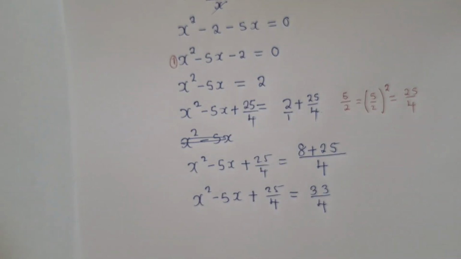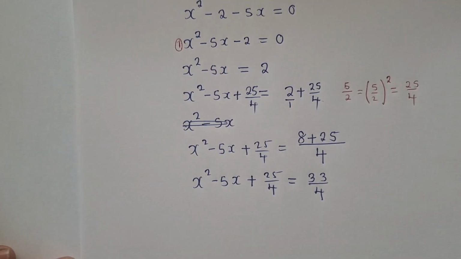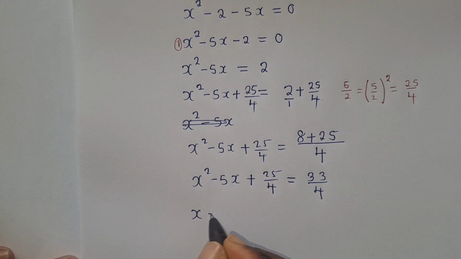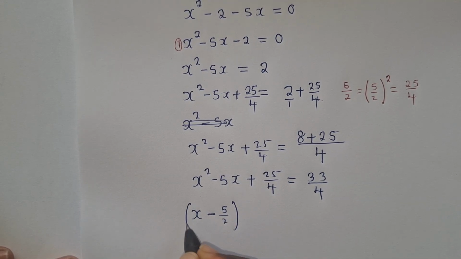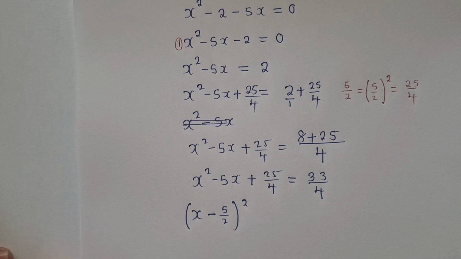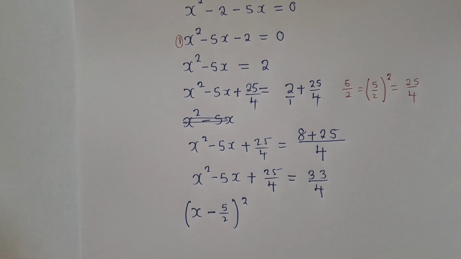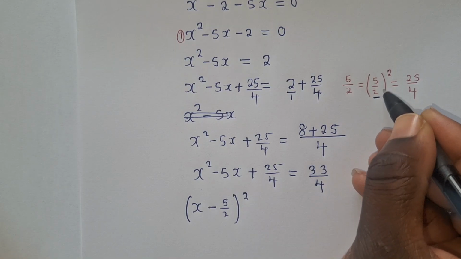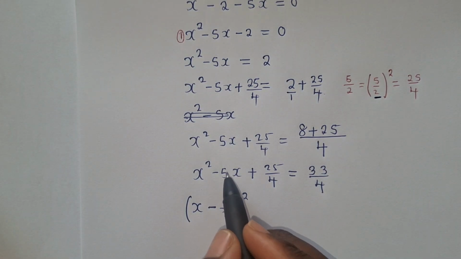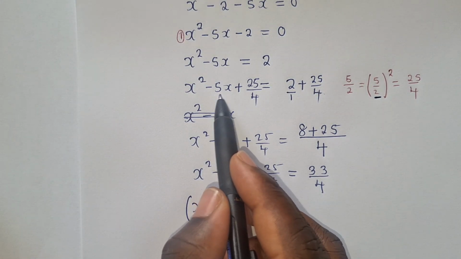So after doing this, we can now write this as x minus 5 over 2. I'll tell you what I've done. This is where the idea of completing the square comes in. So get this number which you got right here after dividing by 2.